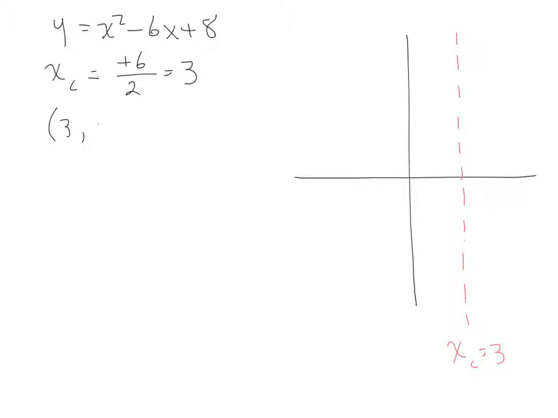So that's going to get us -1 if I've done that correctly. So 3, -1. So what that means is we have a vertex of 3, -1. So that's going to be somewhere in here for our vertex. And this one, of course, opens upward since a is +1.